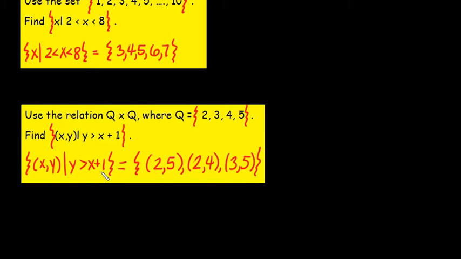The only ones that match that are 2, 5, 2, 4, and 3, 5. Now, I didn't do all the heavy work over here, but you may be asked to do that and find a special relation within all of these ordered pairs.